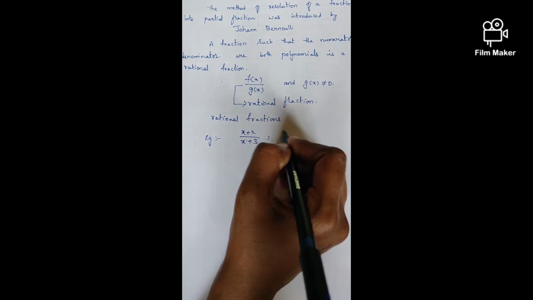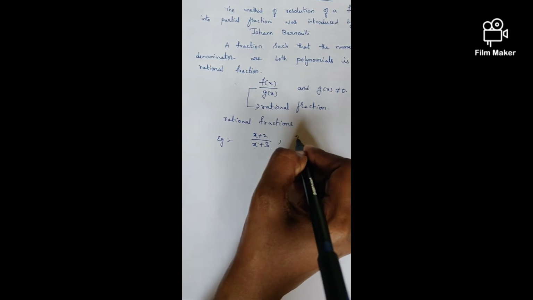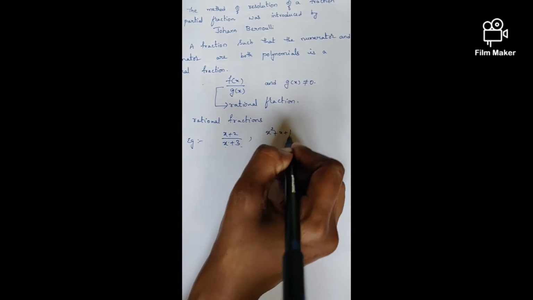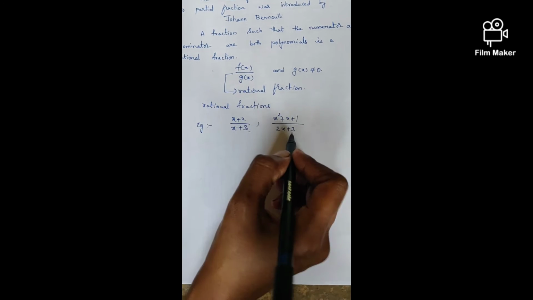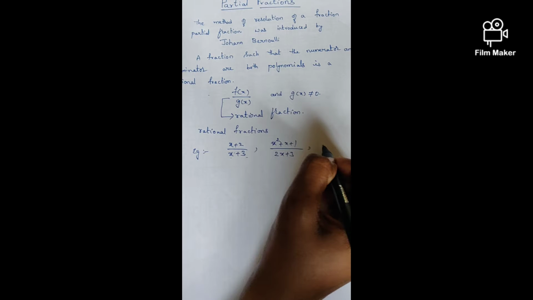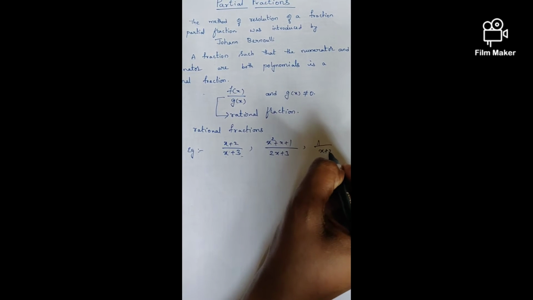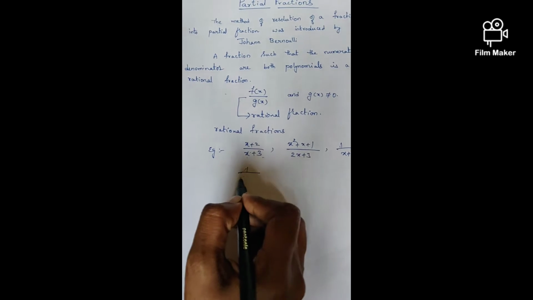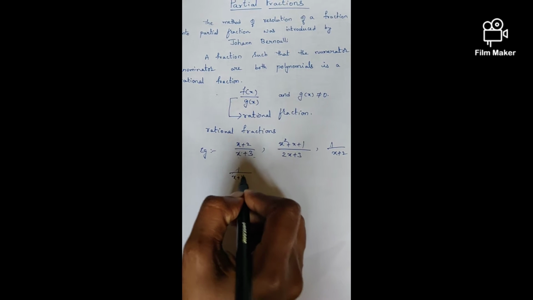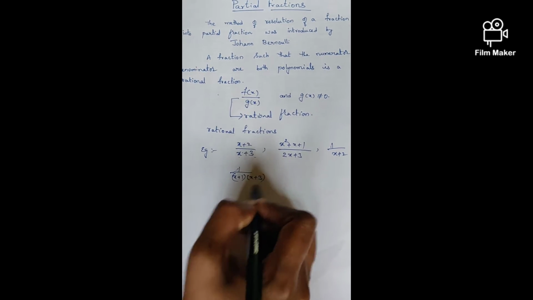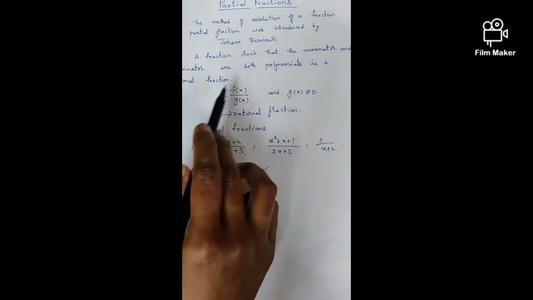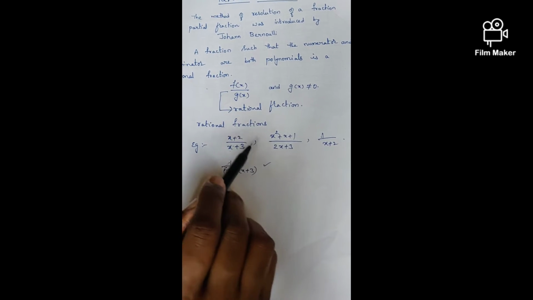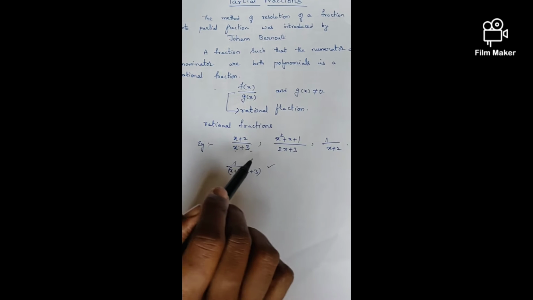Write another, like x square plus x plus 1 by 2x plus 3. This is also a rational fraction, and we can take plenty more, like x plus 1 into x plus 3. This is also another rational fraction. These are considered rational fractions.